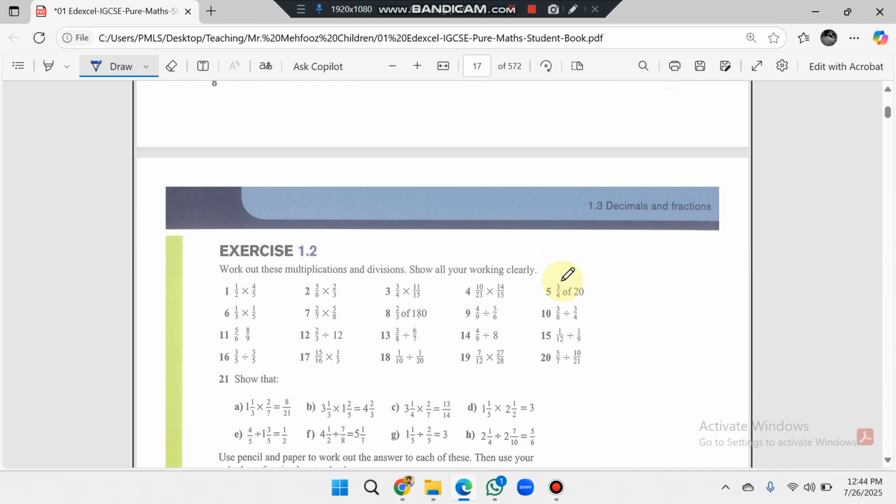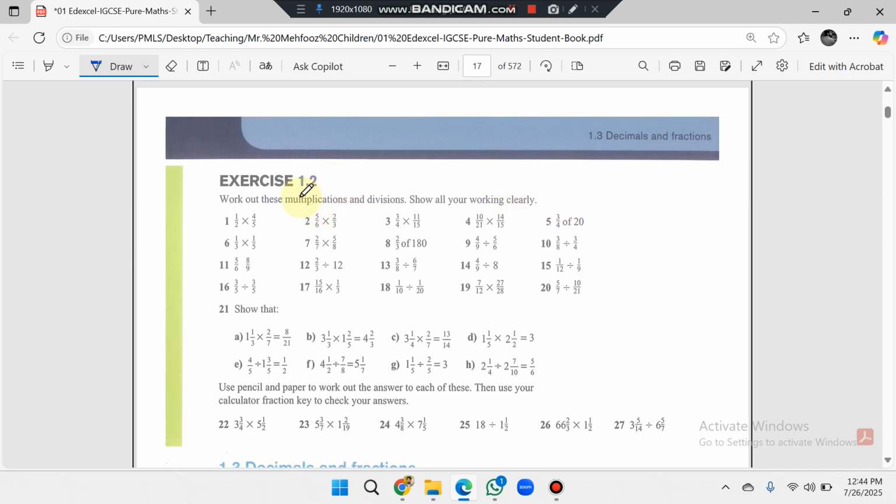Next one is the exercise, exercise 1.2. We have to solve the questions: work out these multiplications and divisions, and show your working clearly. We have to multiply and divide these fractions according to the previous examples, right?